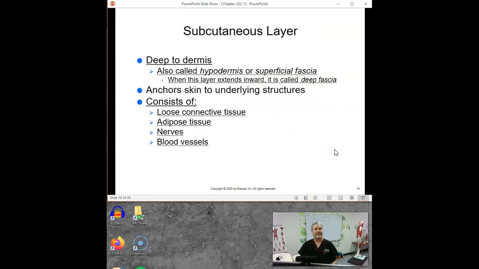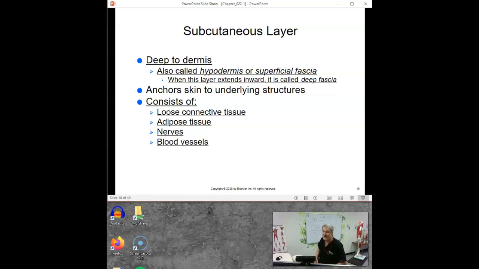Okay. Now, we just talked about the epidermis and the lovely dermis. We're now down to the last layer that I called the hypodermis. That is one legitimate name for it. I don't think this is on the slide. They don't have it.